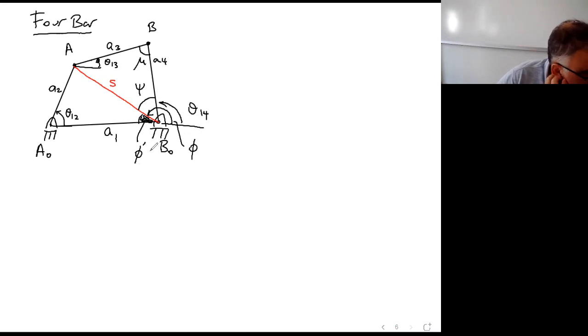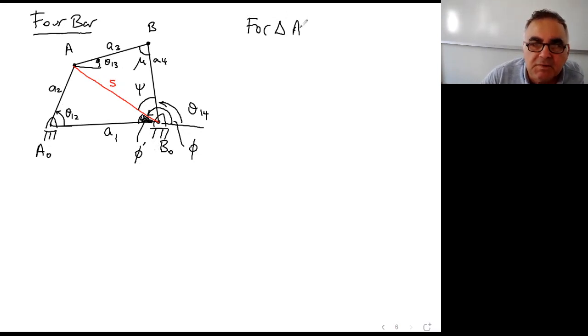Okay. So using these two triangles, A0, B0, and A, so for triangle A0, A, B0, we can write the following.